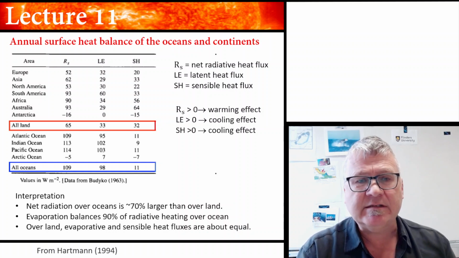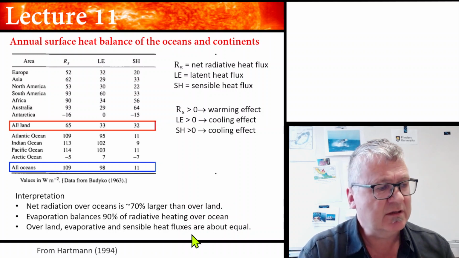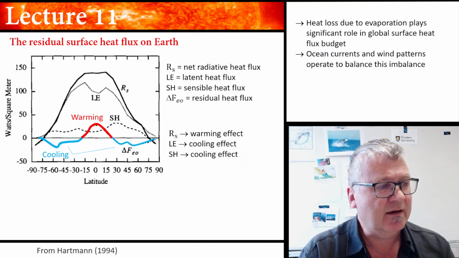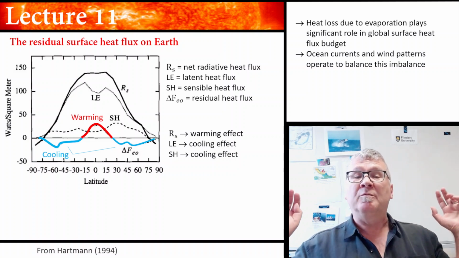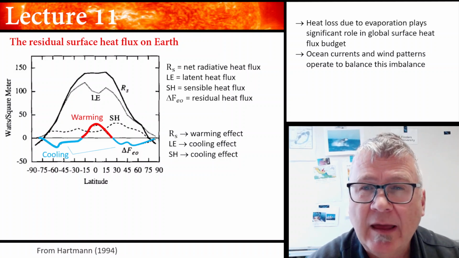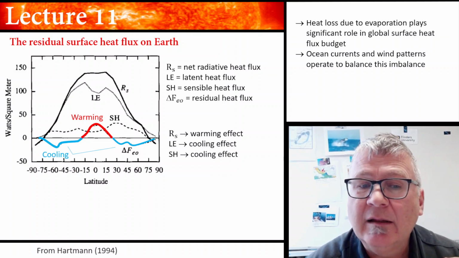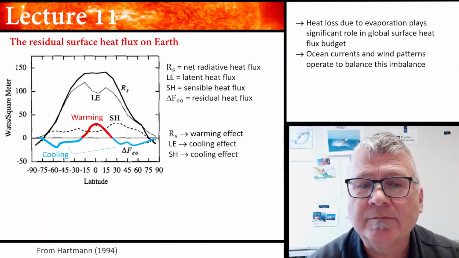All right, let's see what else we do here. Now let's see what comes on the next slide. We look actually at the residual surface heat flux on Earth, adding latent heat flux and sensible heat flux to the equation.